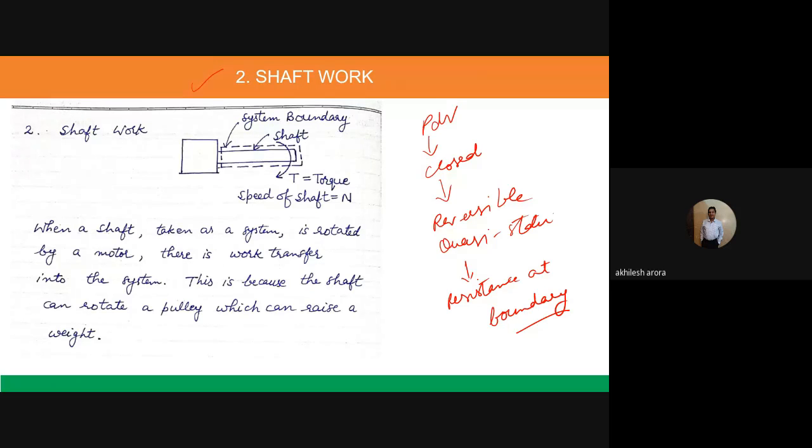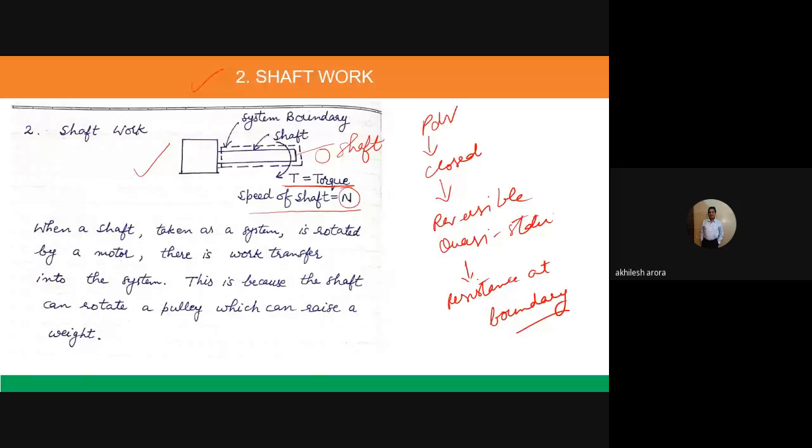You can see here I have drawn this particular diagram. This part is the shaft. It is cylindrical; if I see the side view, it is circular in shape. What I am doing is applying a torque over it, and it gains a particular constant RPM or speed, which is the speed of the shaft.